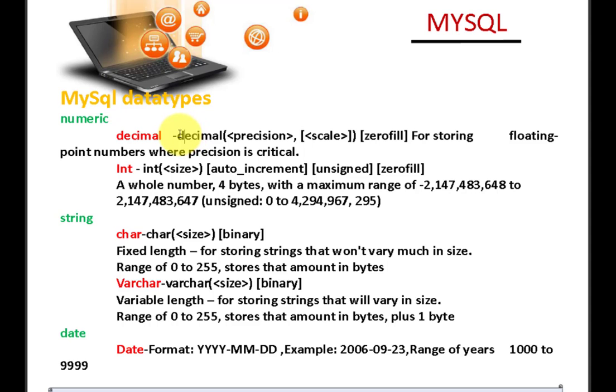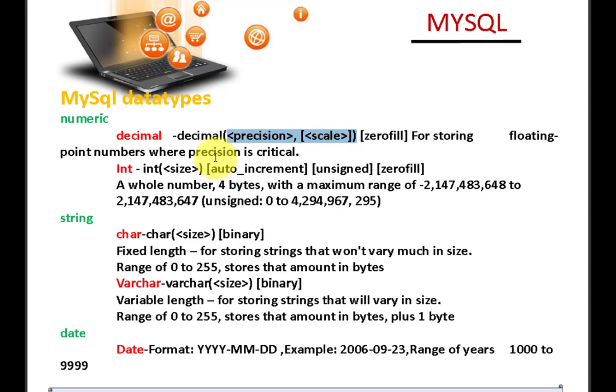This is the syntax: first you write the column name, and after the column name you use decimal, and within the parentheses you can use the precision and scale.